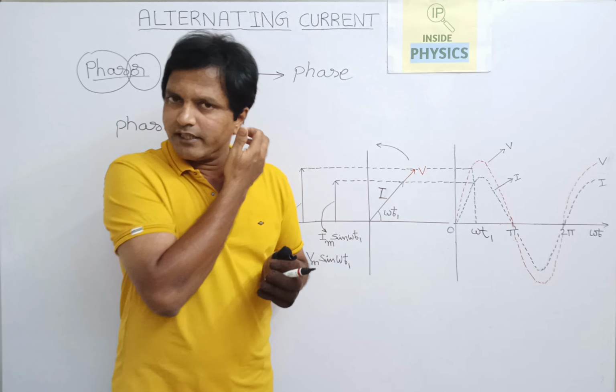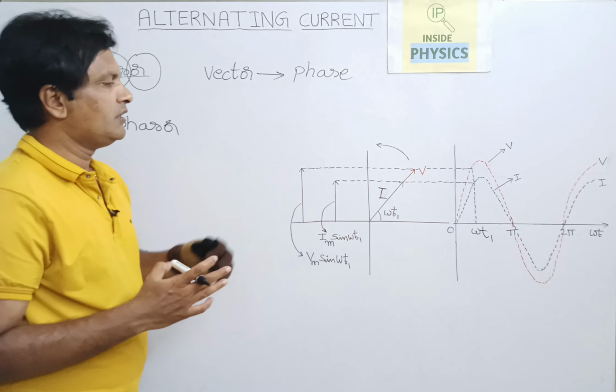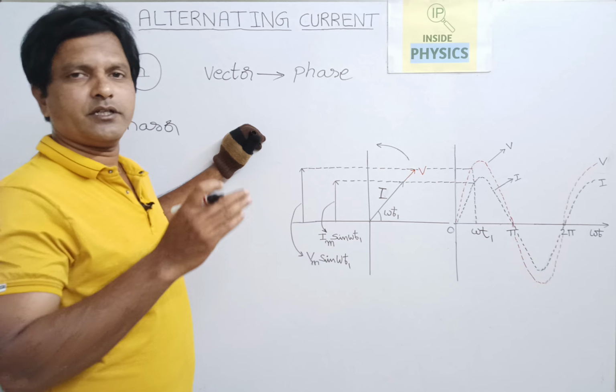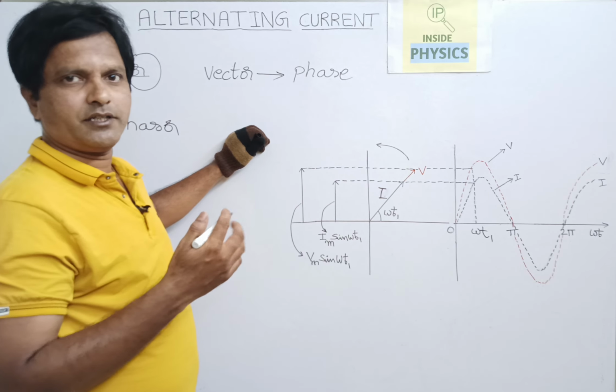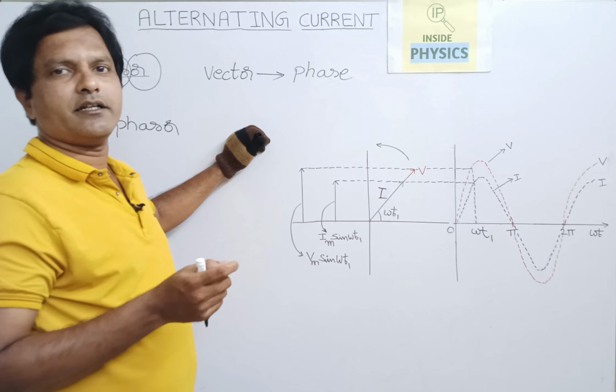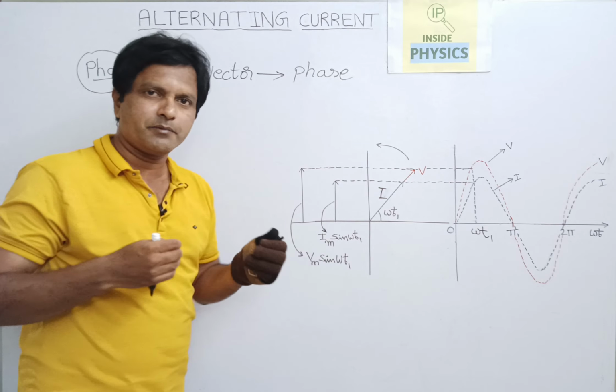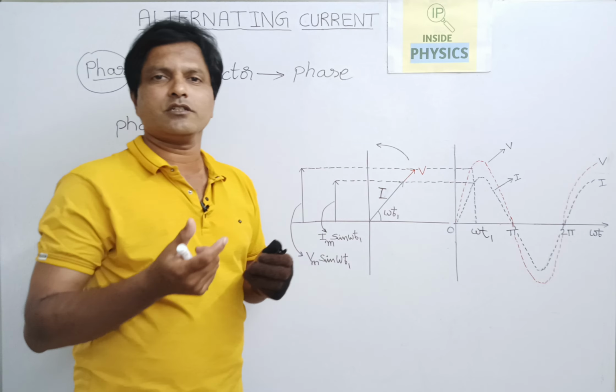If you take an inductor circuit, when the AC source is connected to an inductor, there will be a phase difference, and the current lags behind the voltage by a phase of pi by 2.